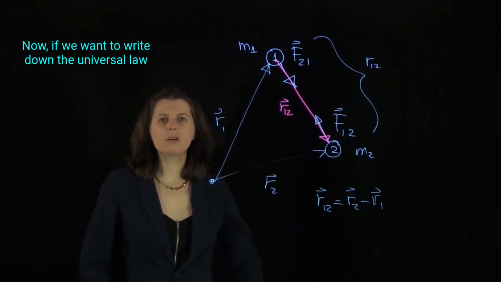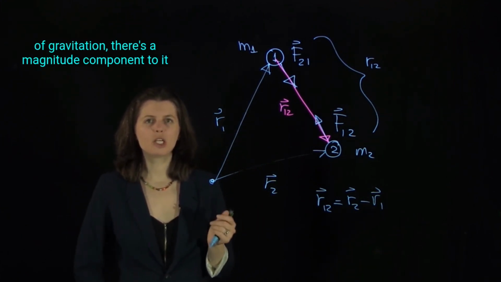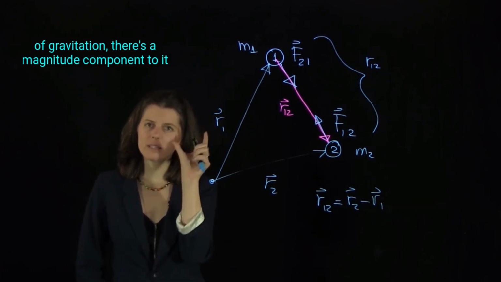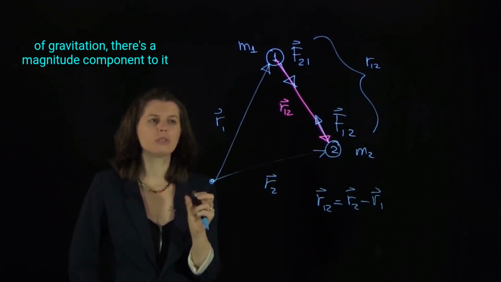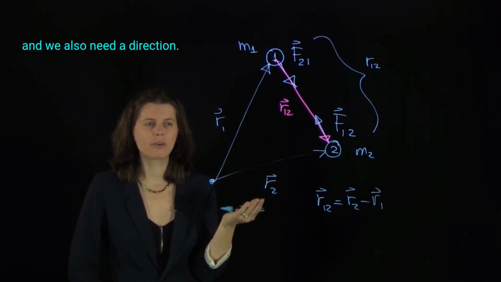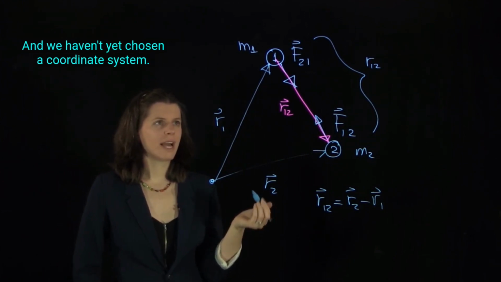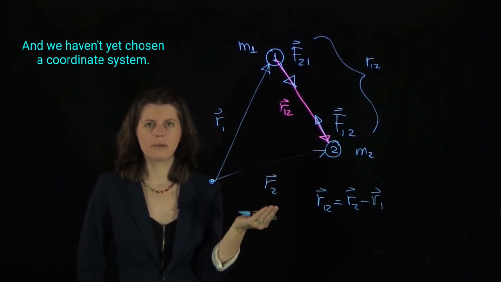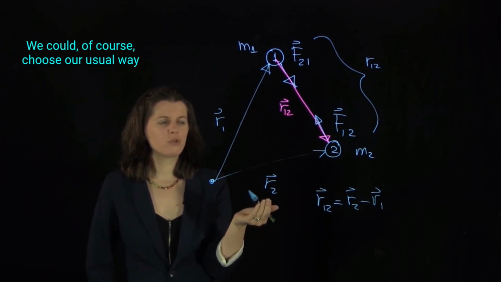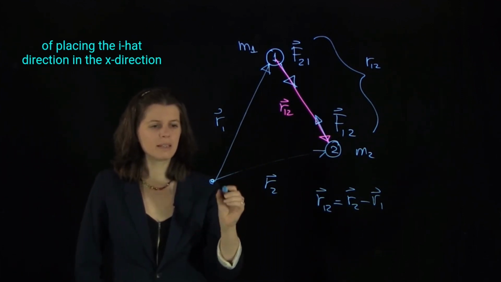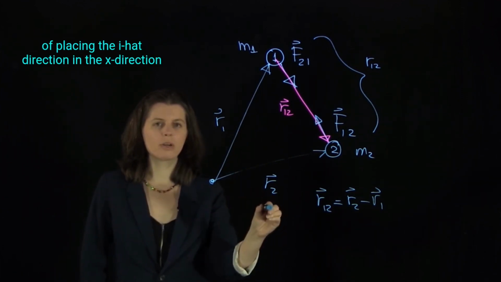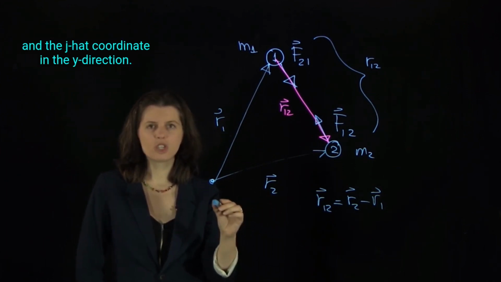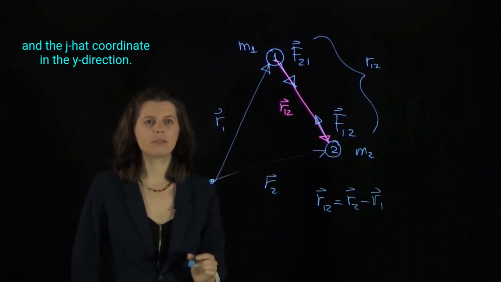Now, if we want to write down the universal law of gravitation, there's a magnitude component to it, and we also need a direction. And we haven't yet chosen a coordinate system. We could, of course, choose our usual way of placing the i-hat in the x direction and the j-hat in the y direction.